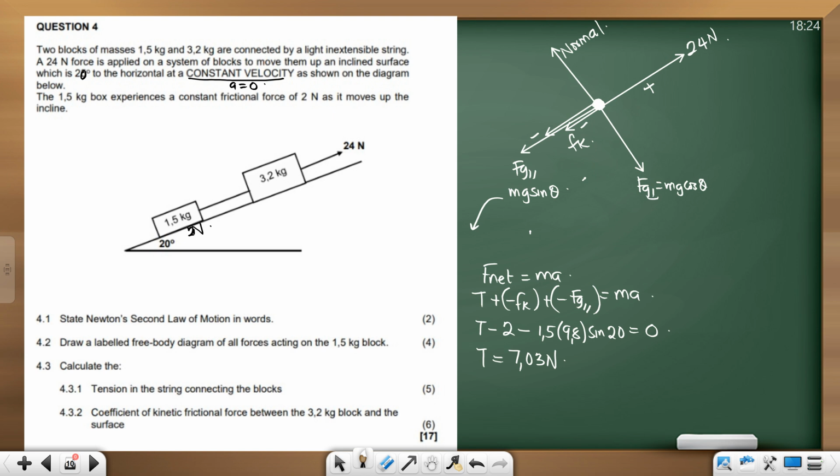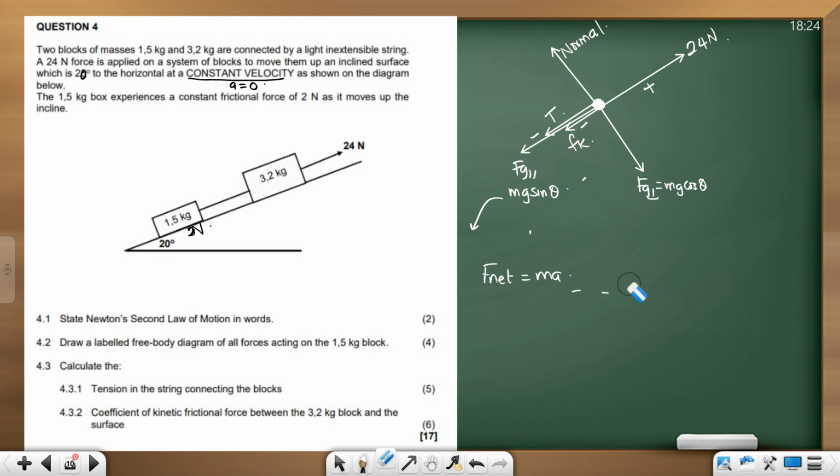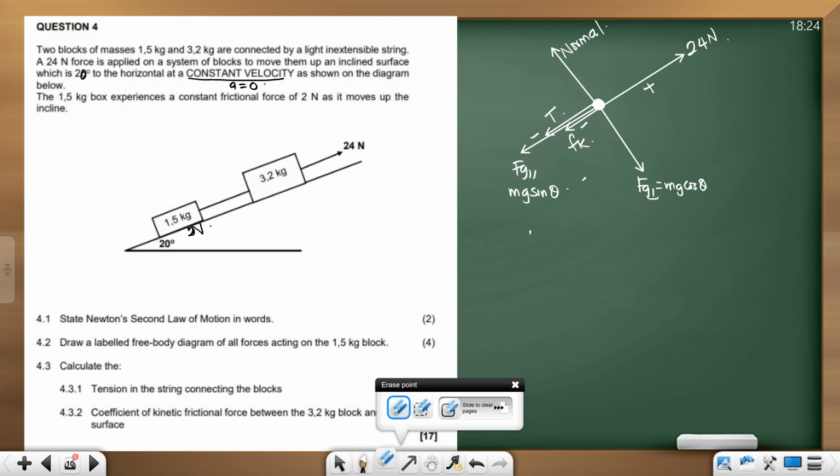Should they ask you for the free body diagram, make sure it's parallel, and then you have tension there. All right. So we know our tension is 7,03. Let's get friction first. Let me clean all of this. We want friction. Just want a clean board.